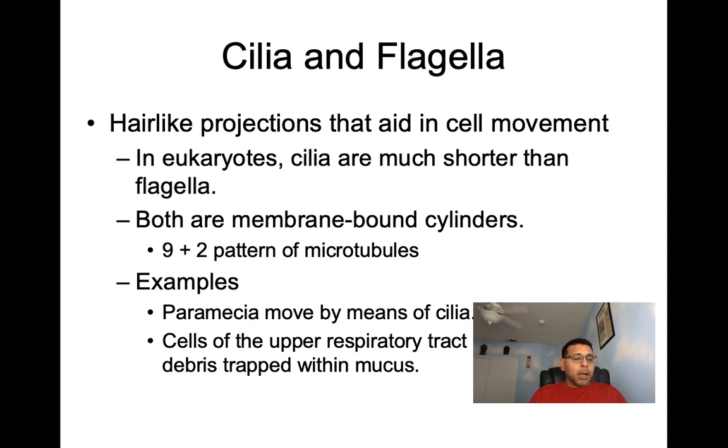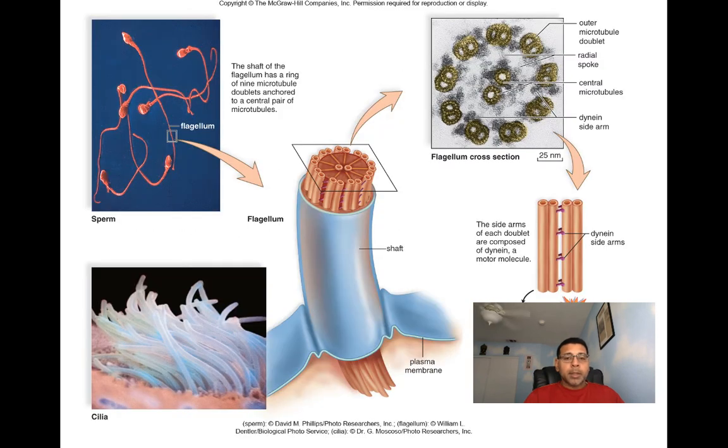The cylinders are composed of a 9 microtubule doublet arrangement in circles around 2 central tubules. And this is exactly what we see there. So 9+2 arrangement: 1, 2, 3, 4, 5, 6, 7, 8, 9, surrounding 2 central tubules.